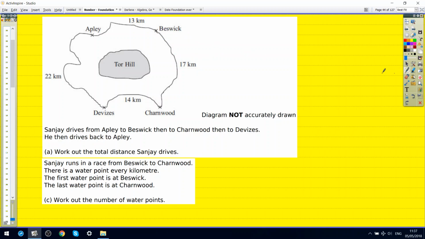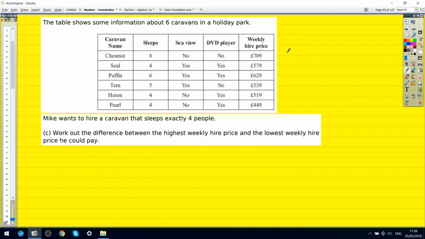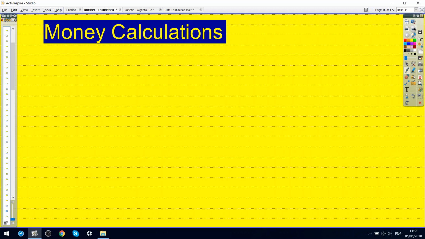But they said that they put one at Beswick. Y2? Yeah. And so it's similar to the one we did earlier with the 60 divided by 2. 18, that's it. 18 in total. I think you'll be fine there.